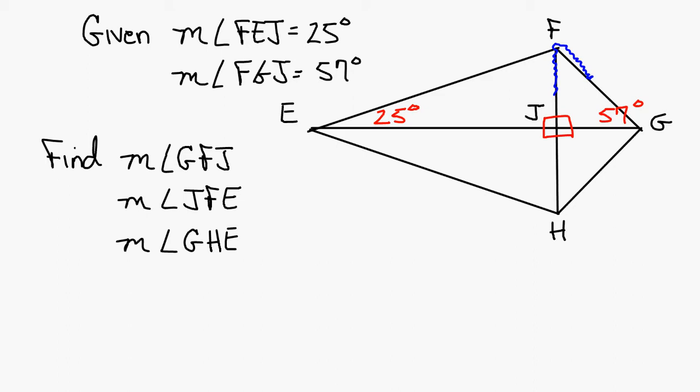If a triangle is a right triangle, then its two acute angles are complementary, and the three angles have to sum to 180. So to find JFG, you take 90 minus 57, which is 33. So this angle equals 33 degrees, which is right here.